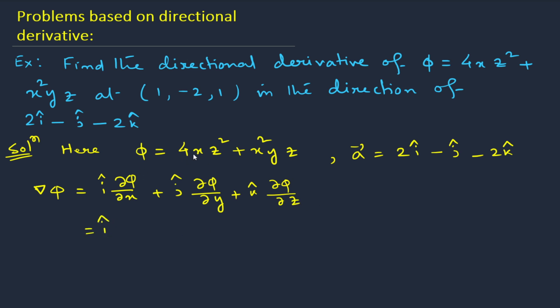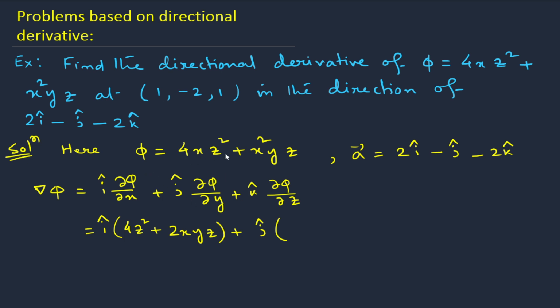First we differentiate phi with respect to x. We get 4z square plus, differentiating the second term with respect to x, 2xyz. Then j cap into, we differentiate phi with respect to y.